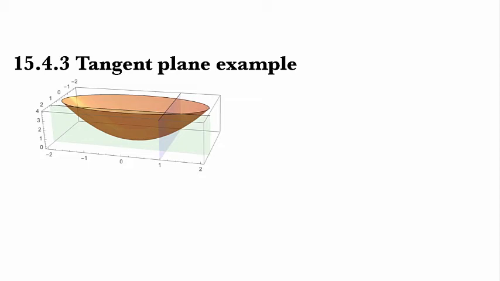So let's work through an example of finding a tangent line or tangent plane and linear approximation. We'll take the example where f is given by 2x squared plus y squared. So we've got this bowl shape right here. The graph is an elliptic paraboloid opening upwards.